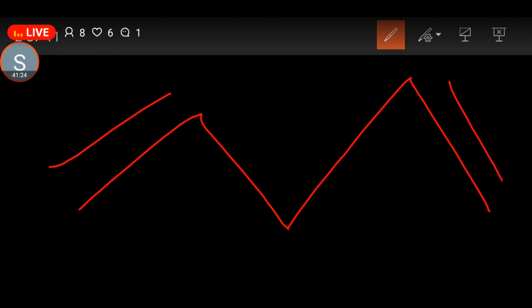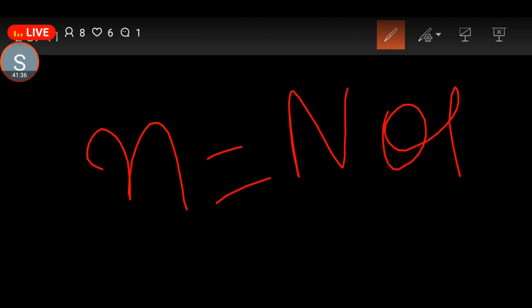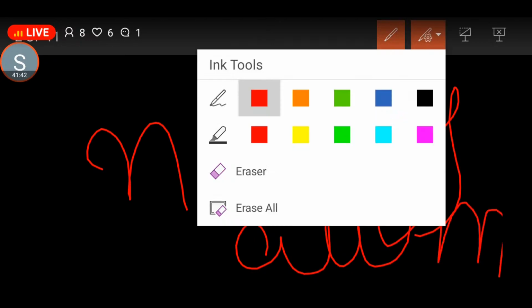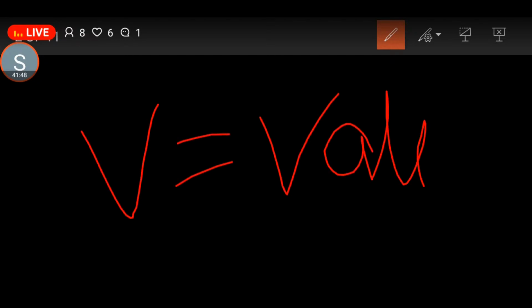Before we go to the problems, I need to tell you that in the formula n stands for the number of atoms and v stands for the valency of that particular element which you are taking.